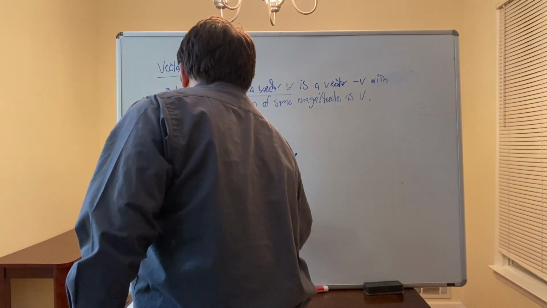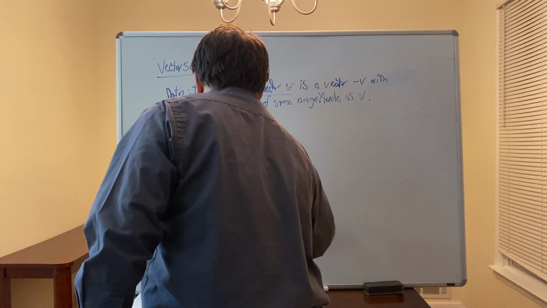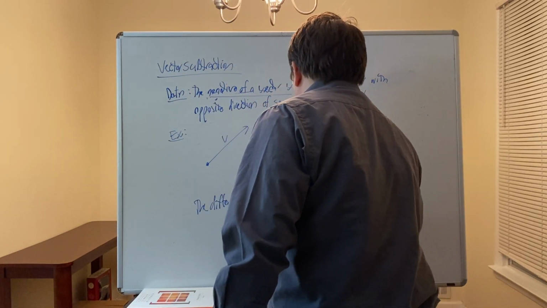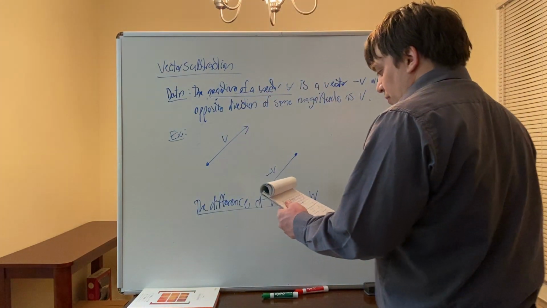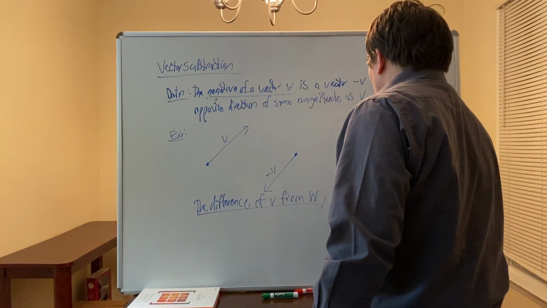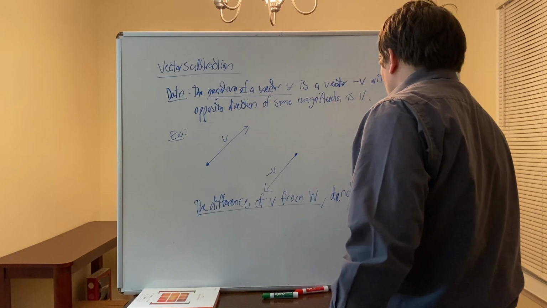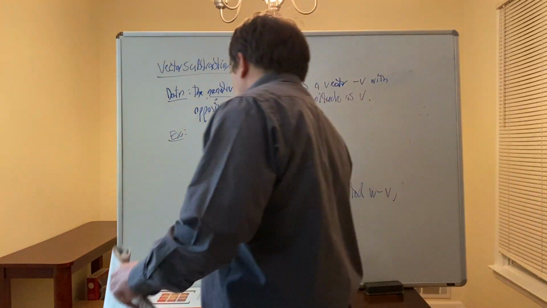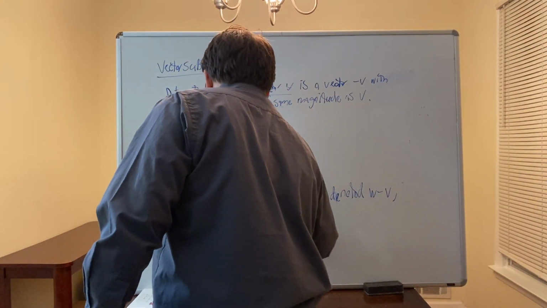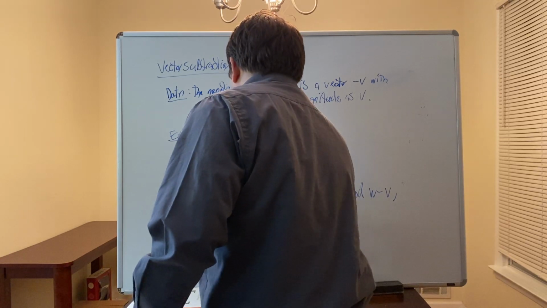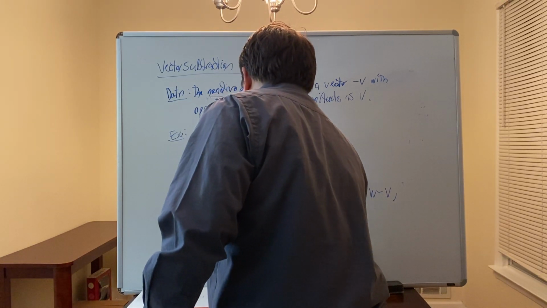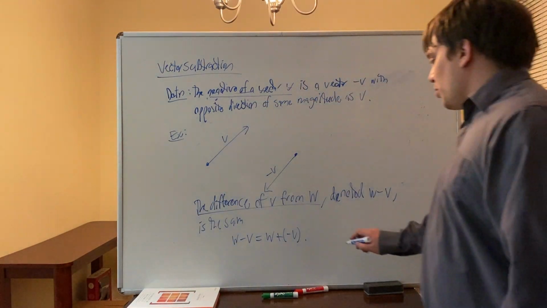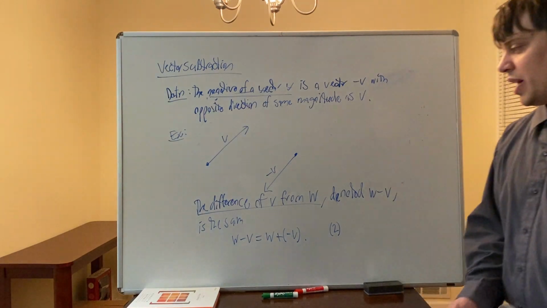Now the difference. The difference of V from W, denoted W minus V, is the sum W plus negative V. So what we're doing here is getting subtraction from addition.